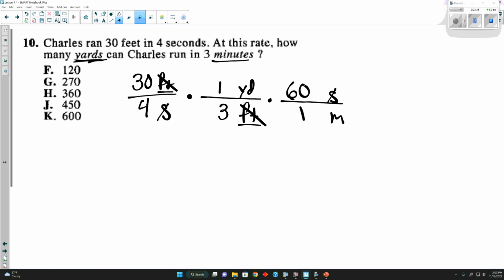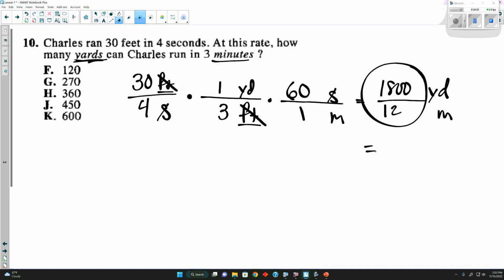Multiply the numbers on top. So we'd have 30 times 1 times 60 is, well, the 0 and 0 we would have, 6 times 3 is 18. So we get 1,800 yards over 4 times 3 is 12 minutes.